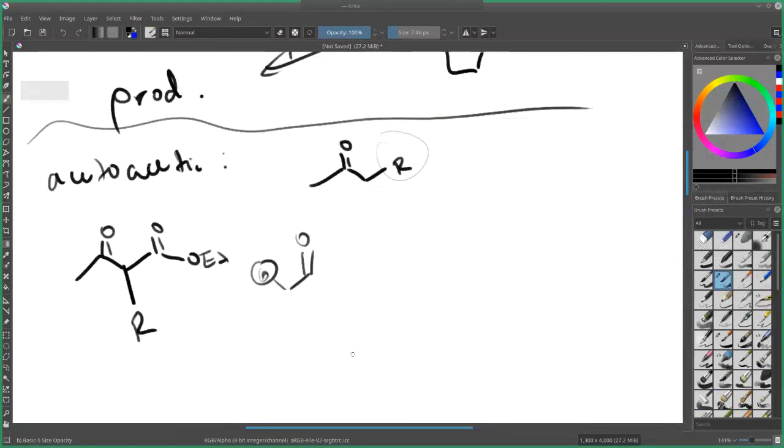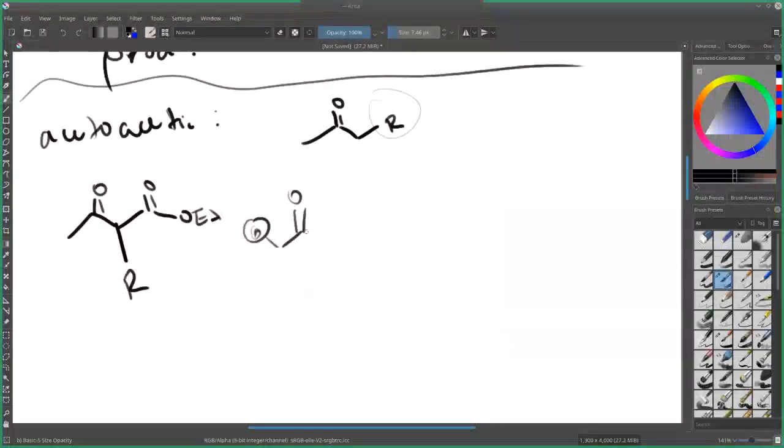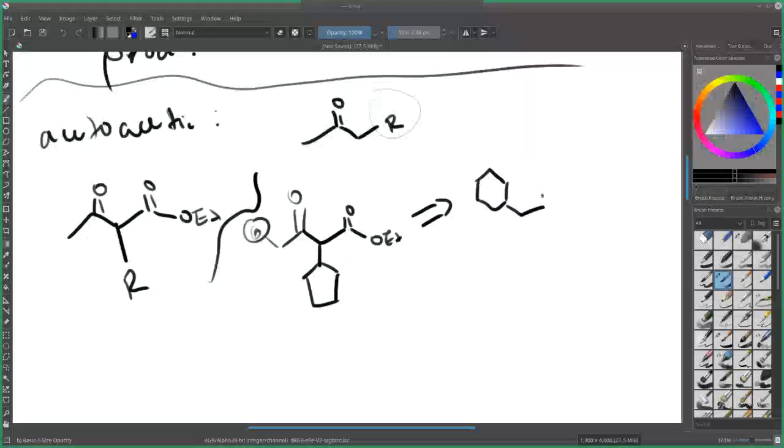Okay, so if you had this six-membered ring, yeah, this would be an option, particularly if you have this sort of compound lying around, then totally, right?